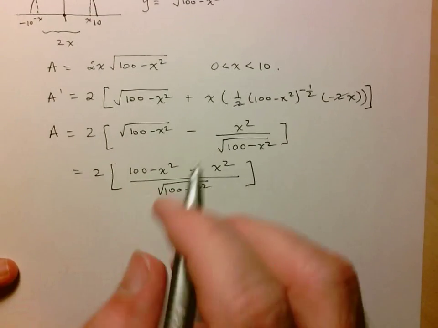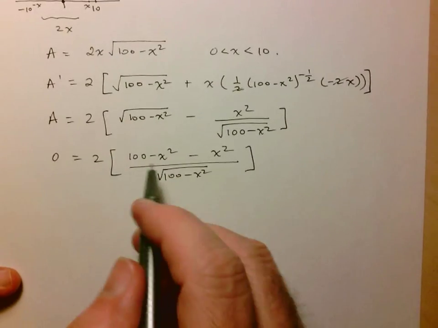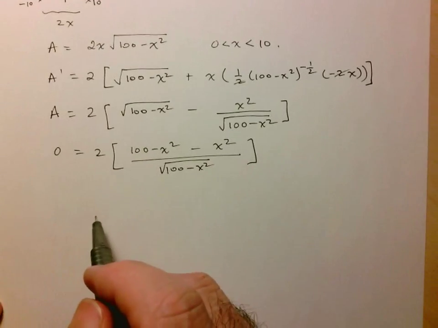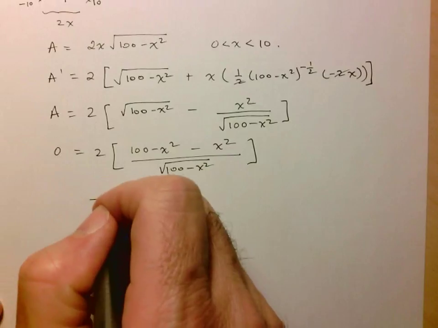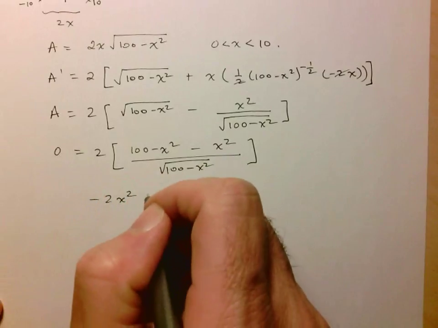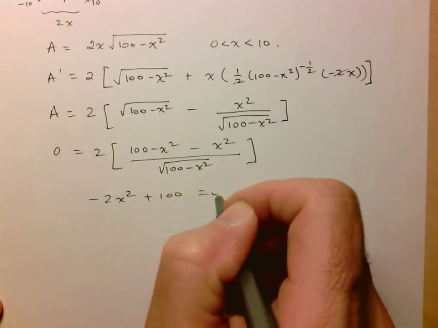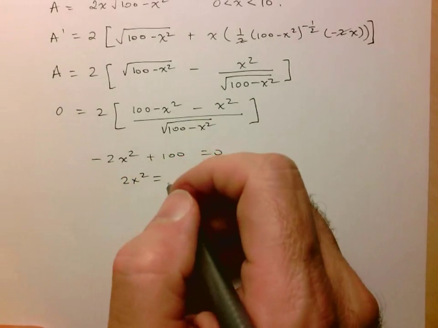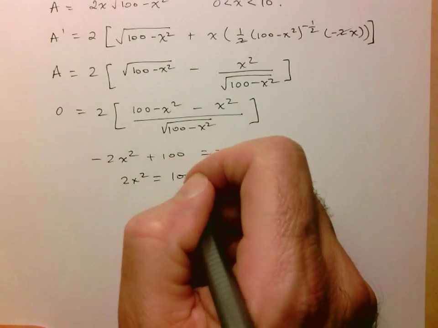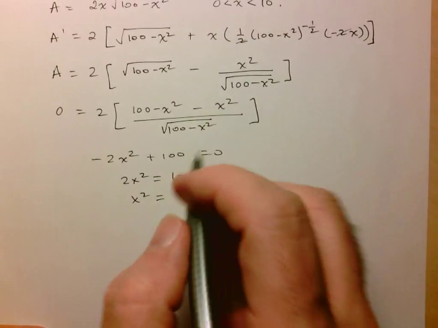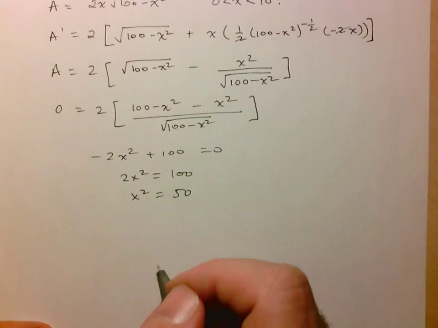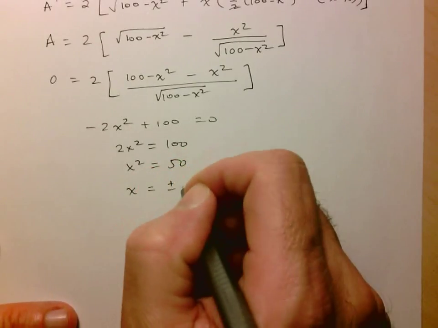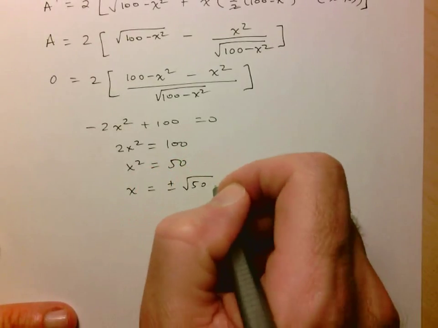And when is this going to be equal to 0? Well, when this numerator is equal to 0. And we see that the numerator here is just negative 2x squared plus 100. Make that equal to 0, so we have 2x squared is equal to 100. x squared is equal to 50. And so x is equal to positive or negative root 50.